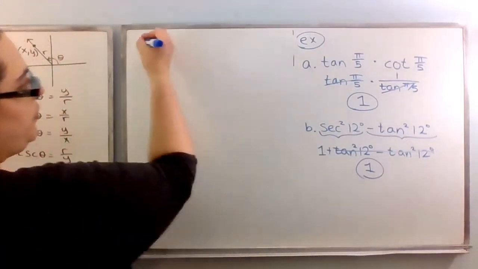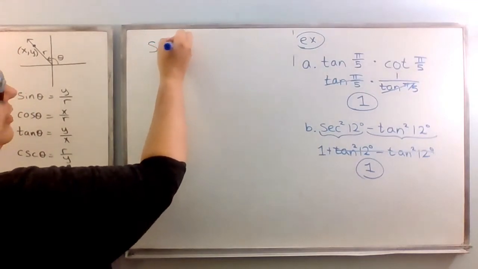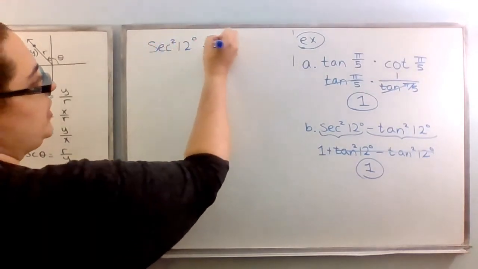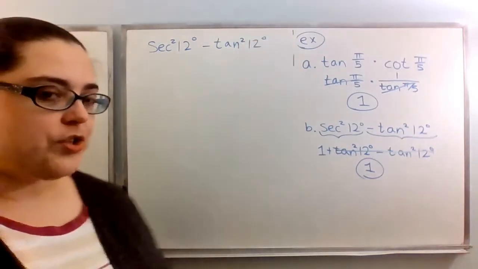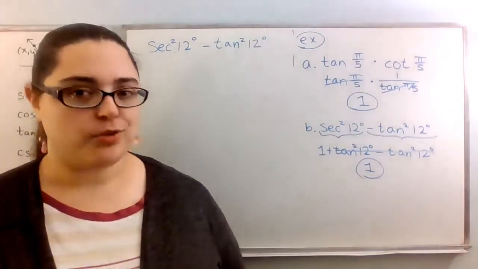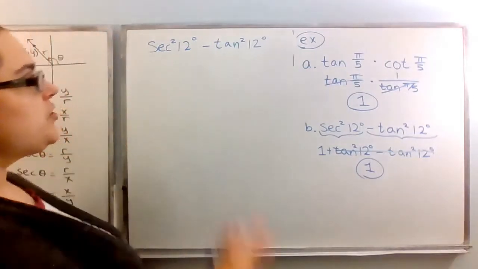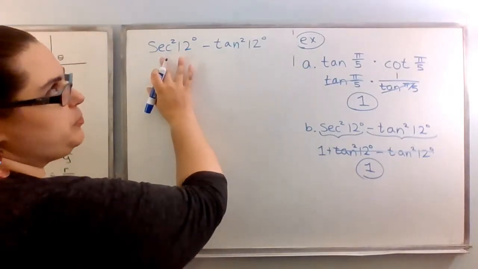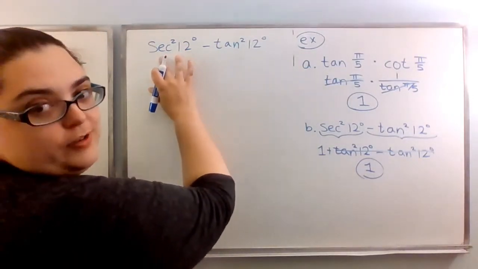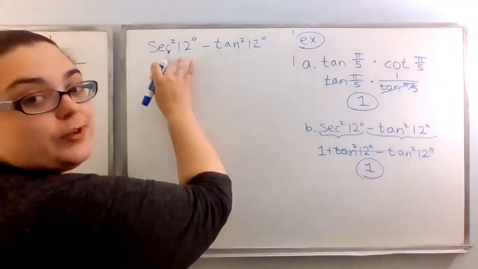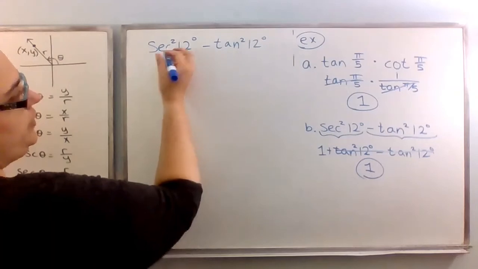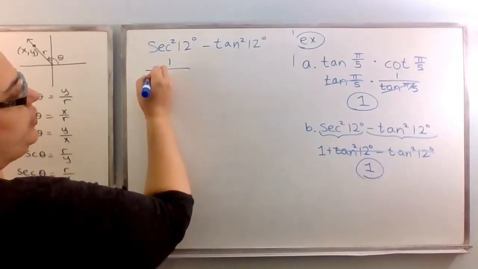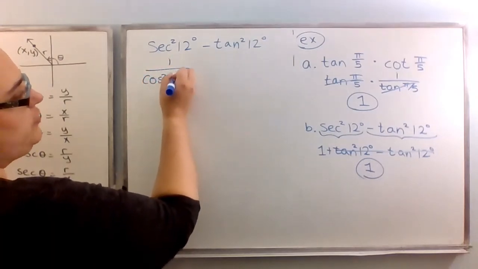I'm going to start out with secant squared 12 degrees minus tangent squared 12 degrees. The first thing I'm going to do is rewrite this in terms of sine and cosine. Secant is the reciprocal of cosine, so secant squared 12 degrees is going to be 1 over cosine squared of 12 degrees.